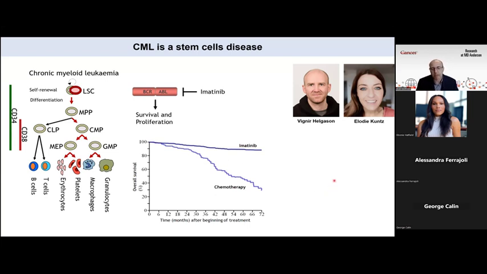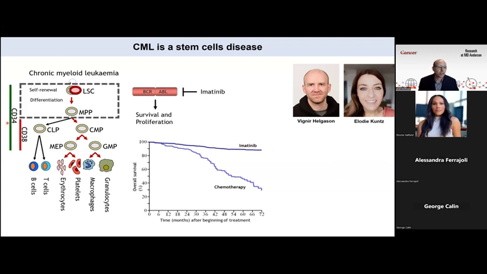And sometimes resistance is generated, or sometimes patients need to be off the drug, and there's a high risk of developing the disease again. So we wanted to focus on that stem cell component that is probably resistant to imatinib, and see whether we can identify other vulnerabilities in this component.